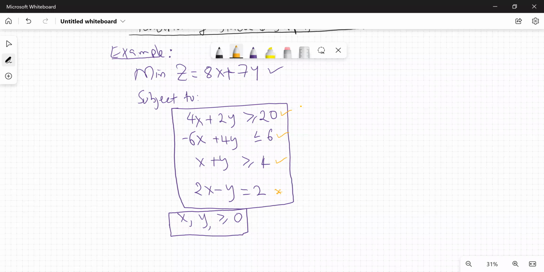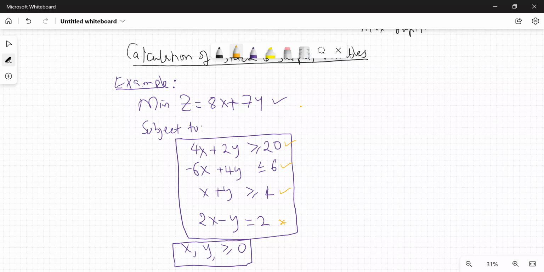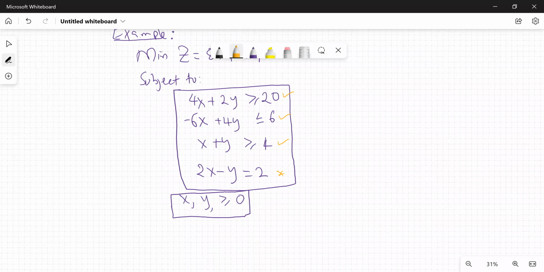So I want us to introduce slacks. Usually you introduce a slack or a surplus in each of the constraints. So let's denote the slacks or surpluses by, we are going to have one for each of them.